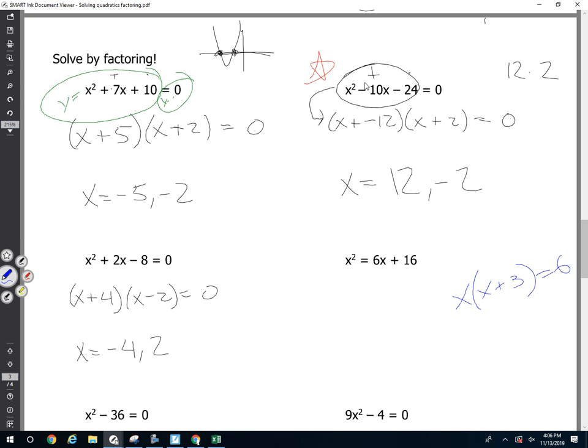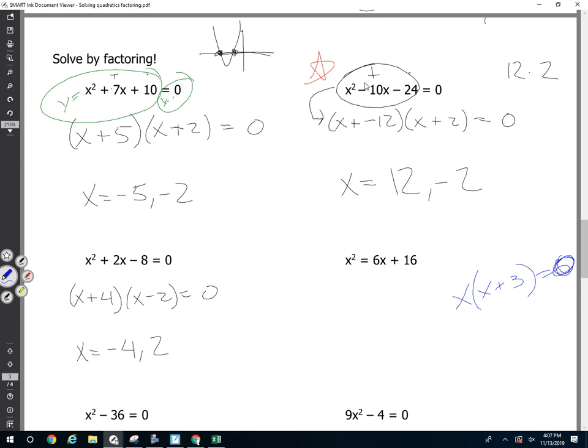Right. It's not obvious what our answers to this equation are. Right, Mr. Steck? Tell me, what number do I plug in for x so that x times x plus 3 equals 6? You don't know, right? But, Mr. Steck, what if I turn that 6 to a 0? Could you tell me the numbers that would make this left side equal to 0? What are they?